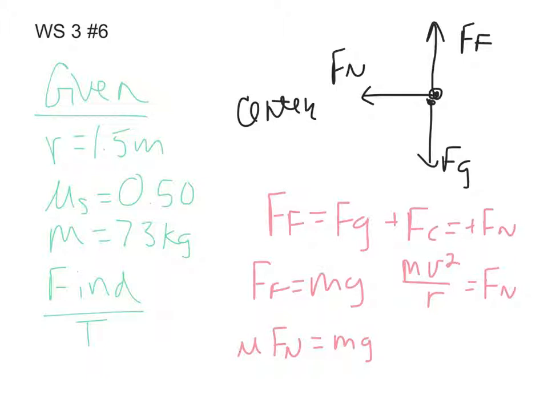Coming back over here, from frictional force equaling Fg, we can rearrange this to say that Fn equals mg over mu. Substituting this in, we get mv squared over r equals mg over mu. The m's cancel.